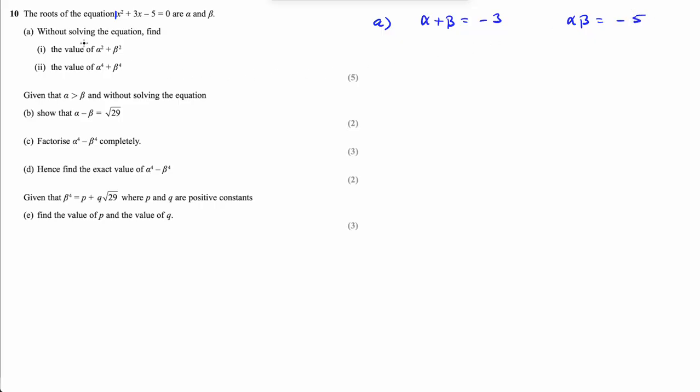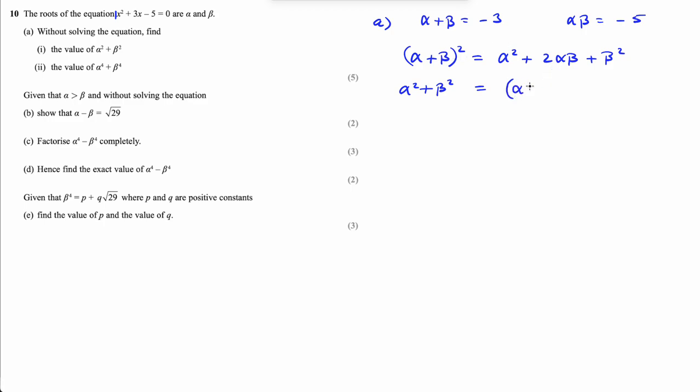Okay, then to get alpha squared plus beta squared, we are going to do alpha plus beta all squared like this. Now this equals alpha squared plus 2 alpha beta plus beta squared, hopefully guys you know how to expand this out. So alpha squared plus beta squared is equal to this minus the 2 alpha beta.